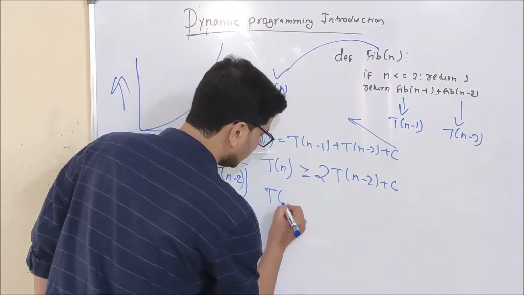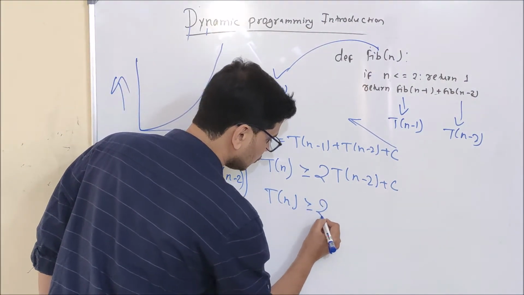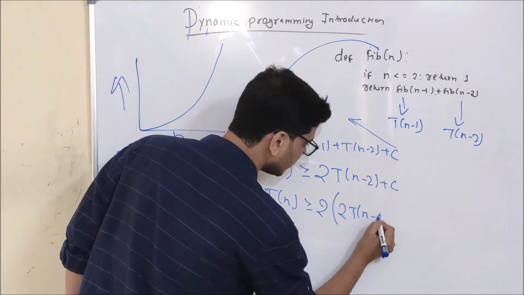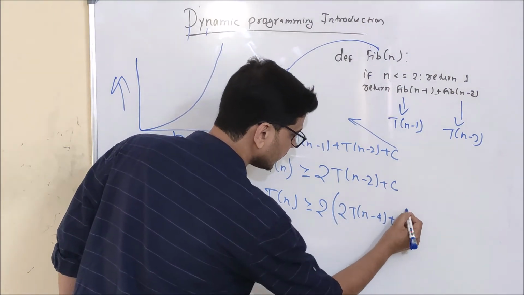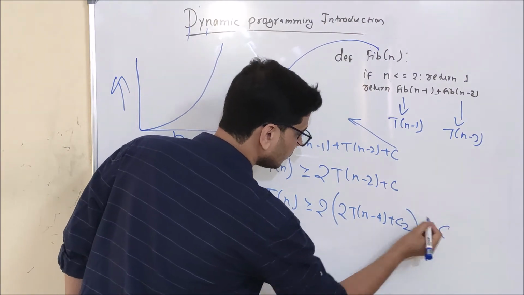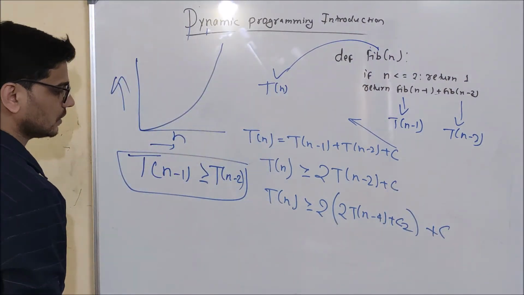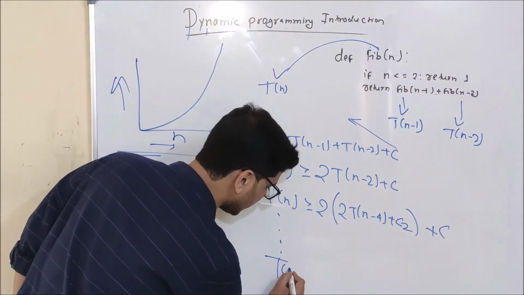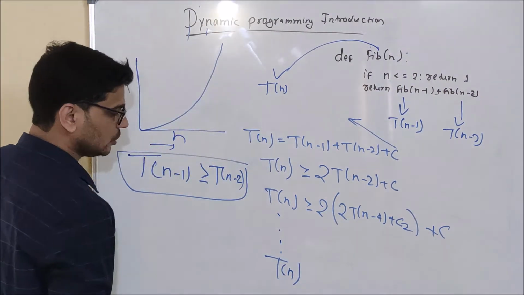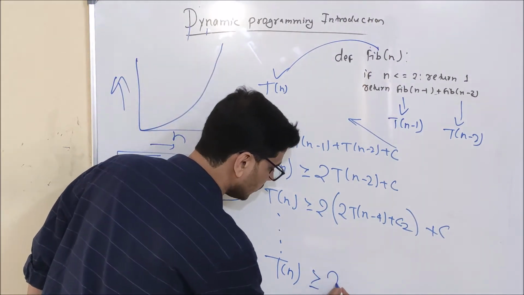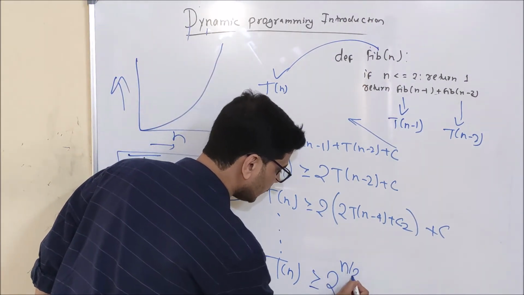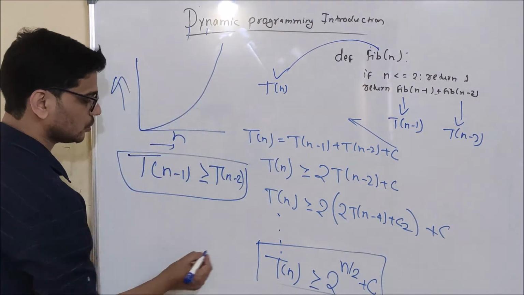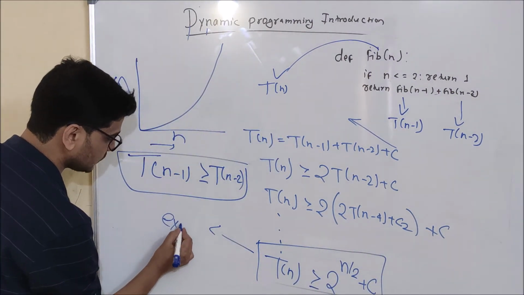And one more thing, T(n) should be greater than or equal to 2 into 2T(n-4) plus some constant time C2 plus some constant time. Okay? And when we solve it totally, we get T(n) is greater than or equal to 2 to the power n by 2 plus some constant time. So mathematically also we have derived that it is exponential.